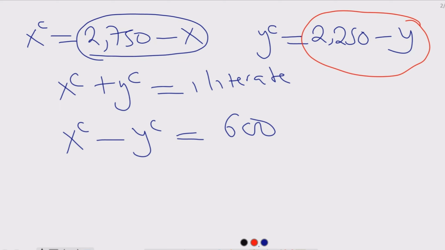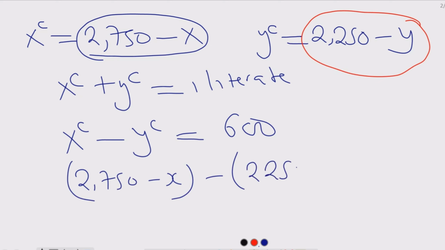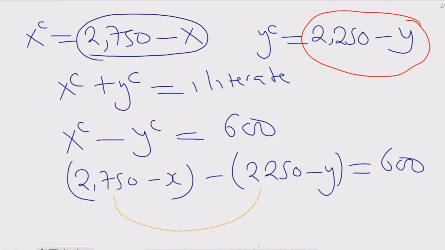We have 2,750 minus X, minus 2,250 minus Y, and this should be equal to 600. So 2,750 minus 2,250 is 500.